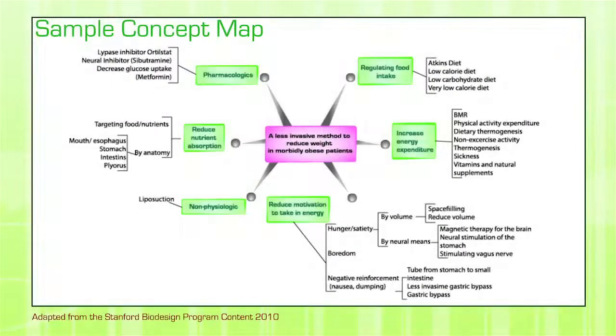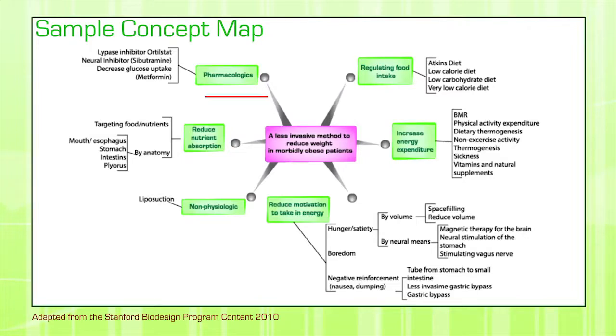If we go to slide 4, we can see a very good way to filter down and cluster the concepts that we have already come up with. For that, we have this example from the biodesign book on a less invasive method to treat morbid obesity. As you can see here, there are many types of solutions and concepts that we could use to solve this problem, and they could be clustered into many different groups.